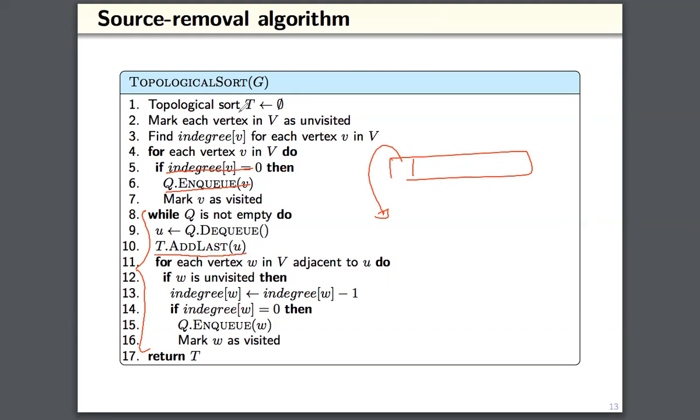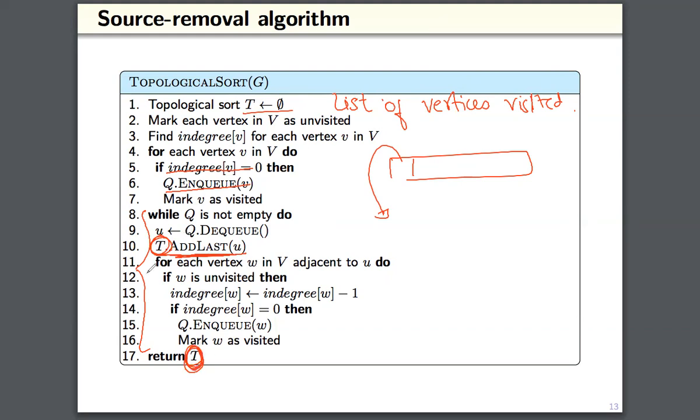T is a list, right? List of vertices visited in the topological ordering. So hence you will just append this to the T, right? Finally, we are returning T. This is the topological order.